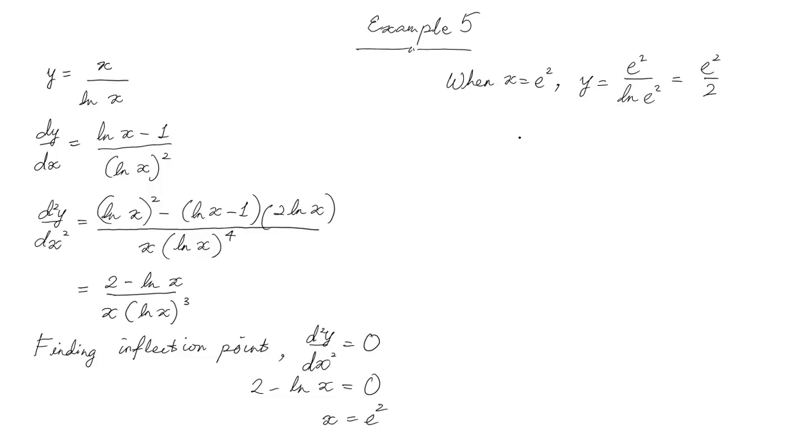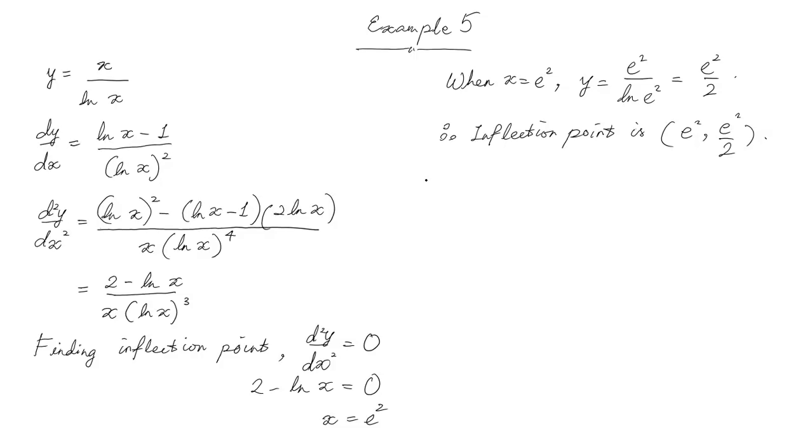Now you can use decimal points to write this coordinate, but by using the e, we can have an exact value for this one. So our inflection point is (e squared, e squared over 2). So that is the first part, which is finding the coordinate of the inflection point.